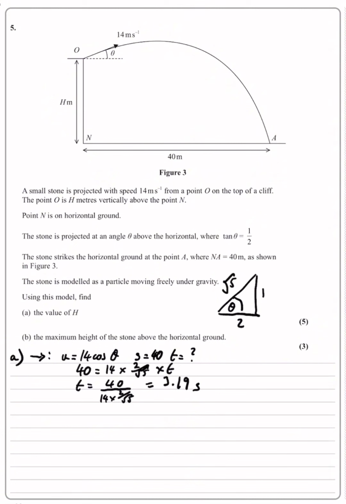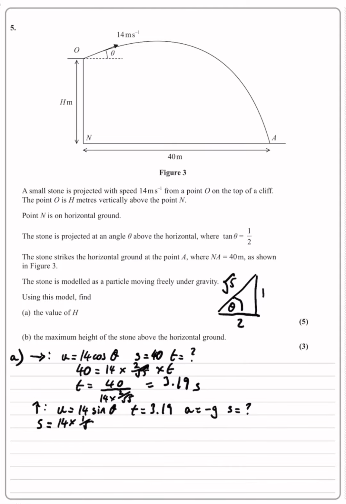Then jumping to the vertical direction, our initial velocity is going to be 14 sine theta. Our t we now know is 3.19. The acceleration is going to be due to gravity, so minus g, or minus 9.8. And we're looking at the displacement. So s equals ut plus a half at squared.